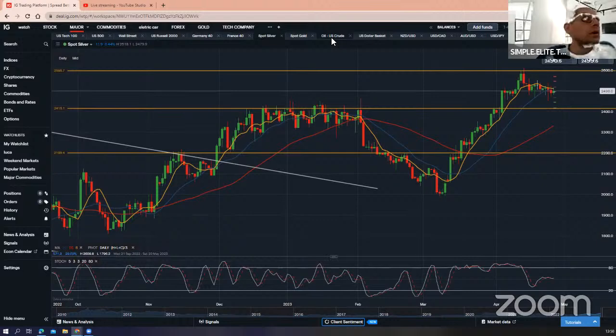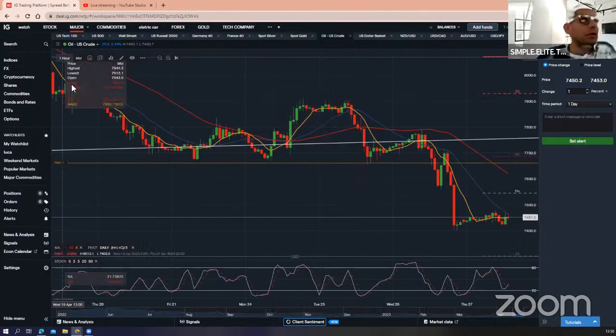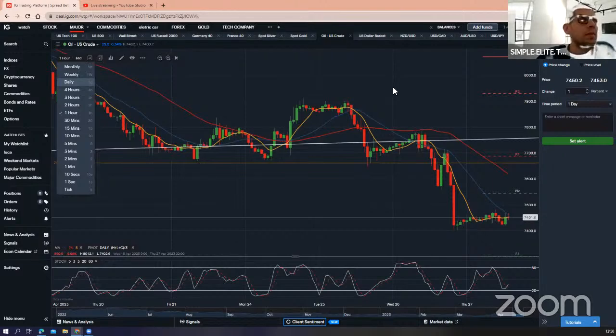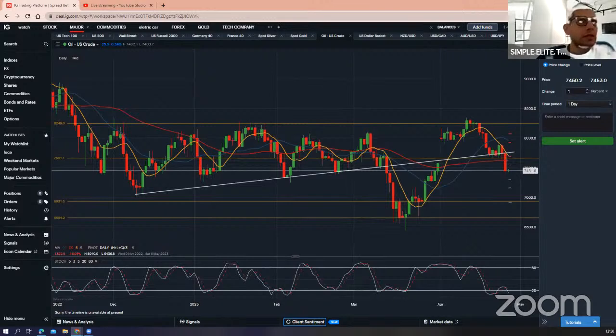Oil, we saw it close the gap, and now it's looking more bearish than before. We said for the last 2 weeks we could probably see this gap close, which it did, and now it is breaking lower, the 76 area. So we could probably see oil approaching the $70 again.